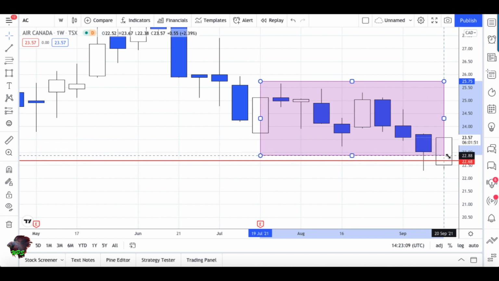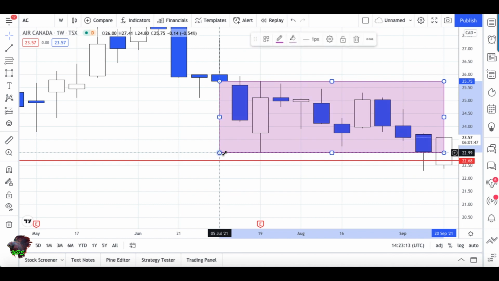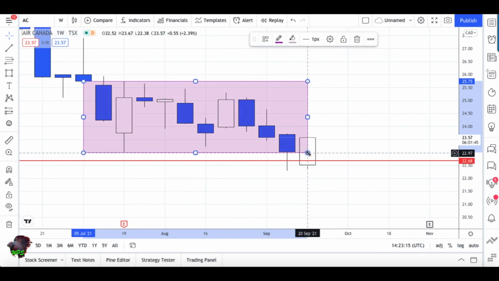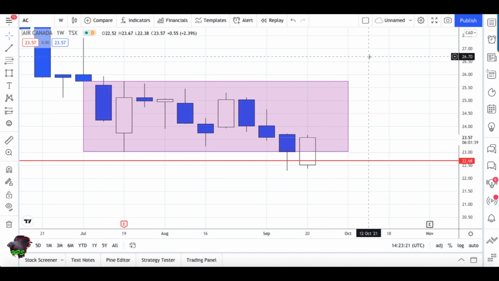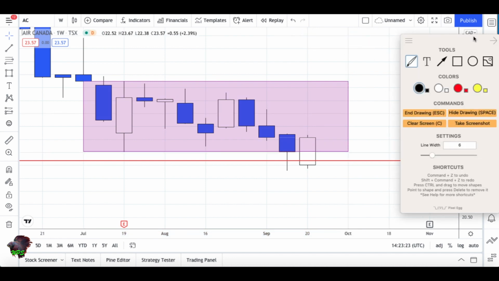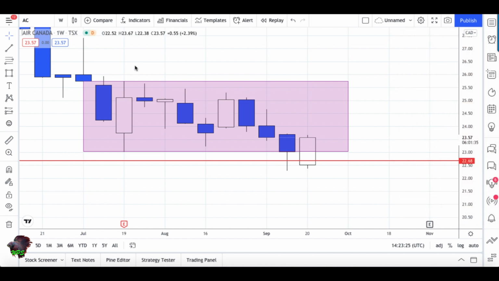All right, this is it. It's much easier to explain. Here we go. Now you can see the clear boxing. All right, so clear boxing here. So we have the top of the box, we have the bottom of the box.